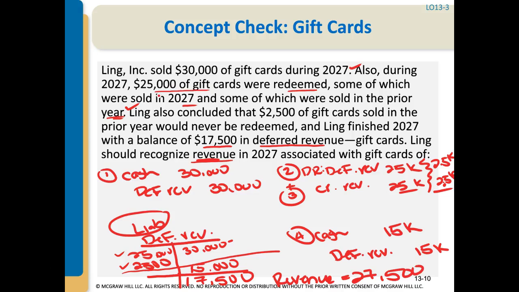If the problem had given you all this information and this T account and asked how much additional cash Ling got during the year for these gift cards, the answer would have been 15,000. So there are different things they could ask based on this question.